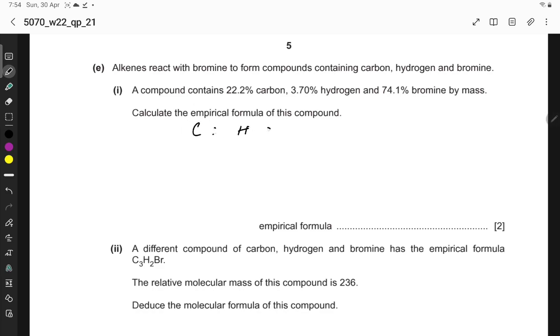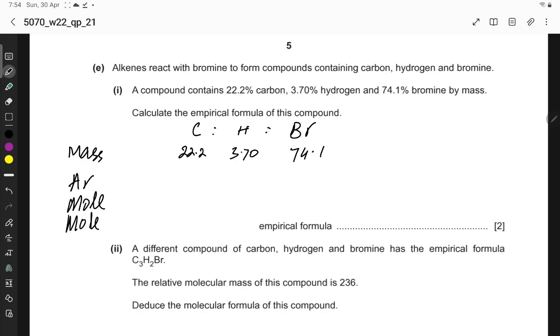Carbon, hydrogen and bromine. This is the mass of carbon, 3.70, 74.1. Write down mass over here, AR, mole ratio and formula. AR is 12, hydrogen 1 and bromine 80.